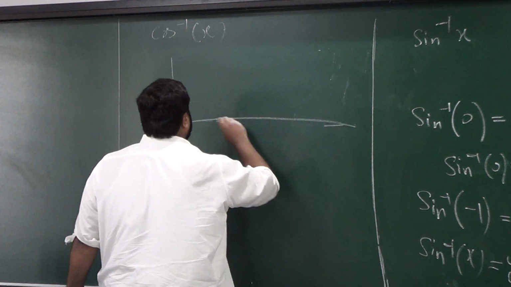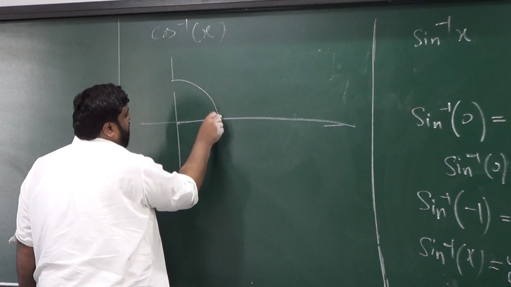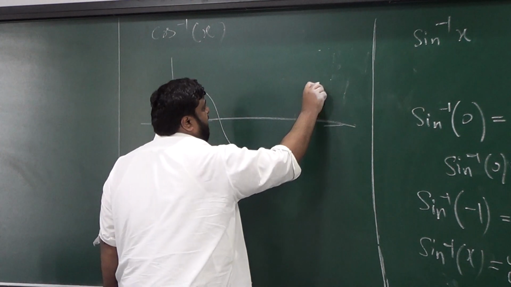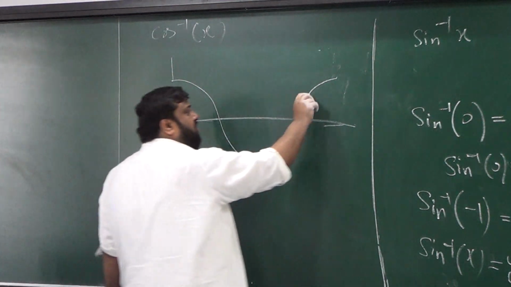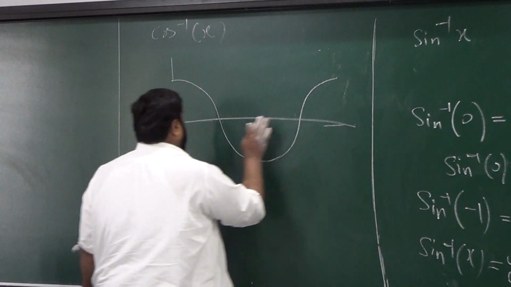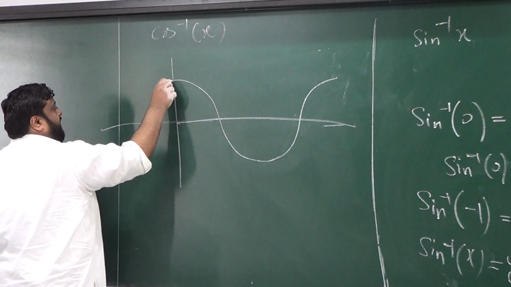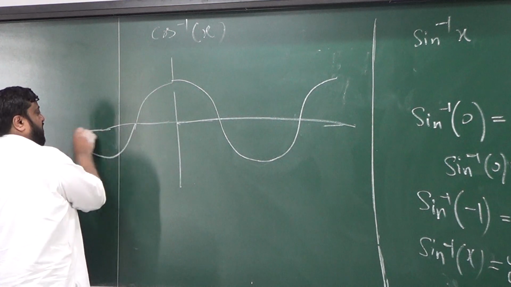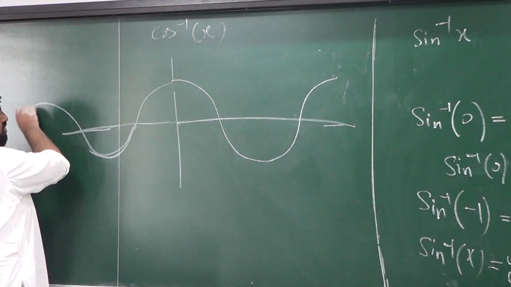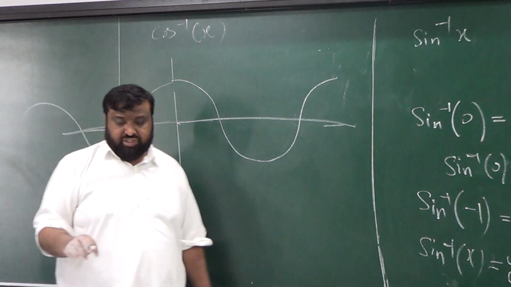You can say that it goes to 0 and goes back to 1 at this point. So it's going to be something like that, and it obviously goes on forever on both sides. It goes on in all directions.